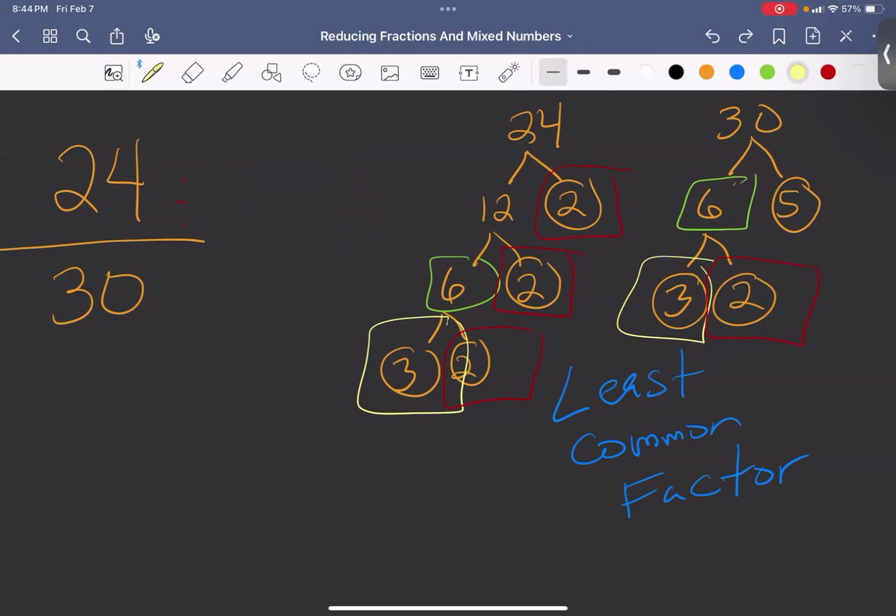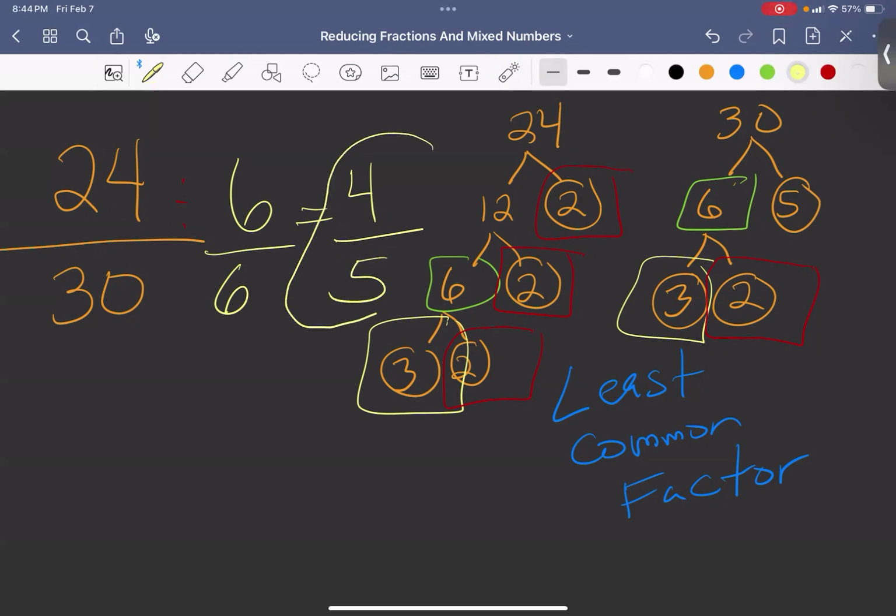However, if I use 6, 24 divided by 6 is 4, and 30 divided by 6 is 5. It's in simplest form because 4 and 5 do not have any common factors. 5 is a prime number, and there's no number that is a factor of 5 that can go into 4.